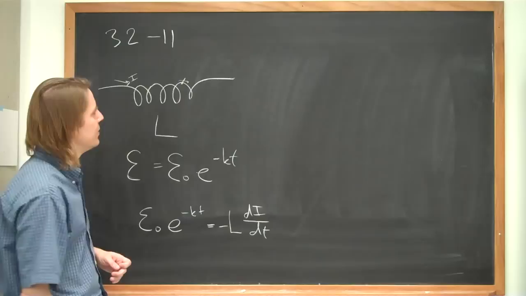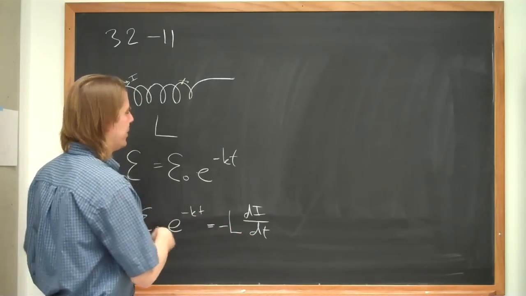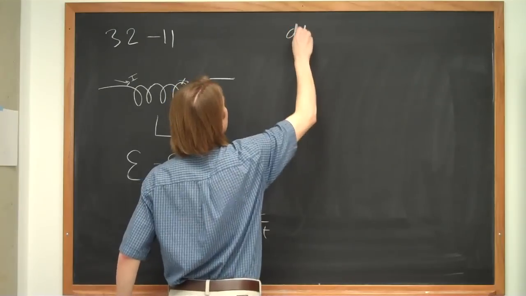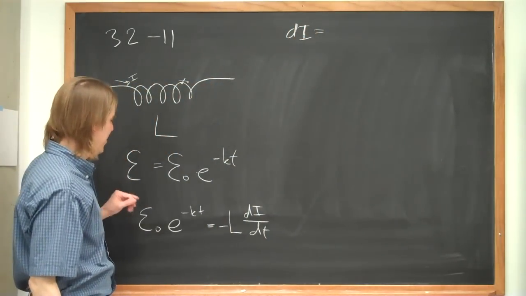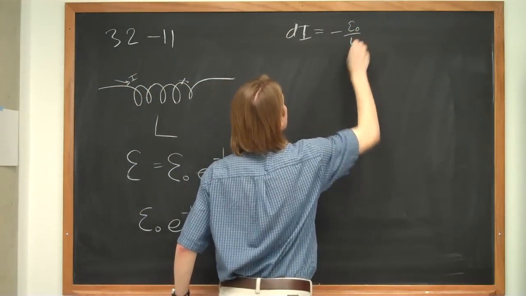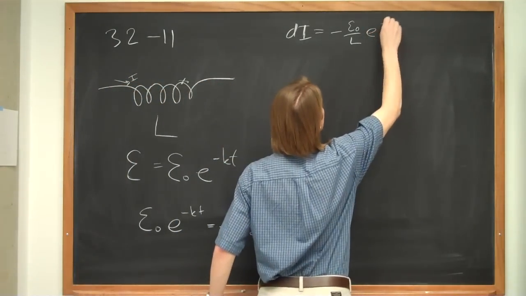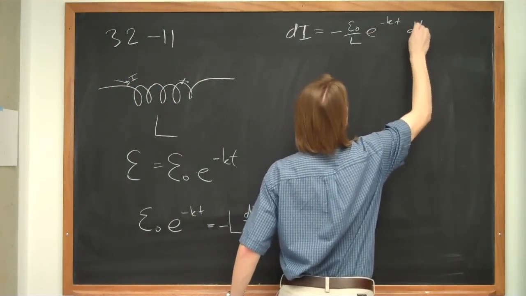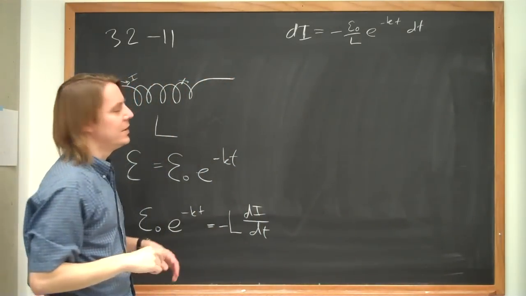We pull the L and the negative sign over, so we're left with dI on one side, and the other will be minus E₀ over L, e^(-kt) dt. So we've turned this into an equation that we can integrate.